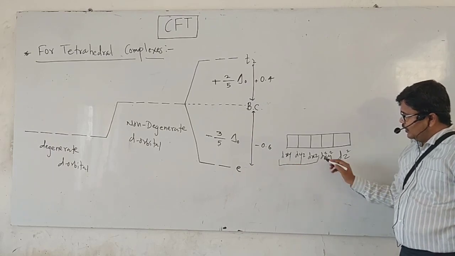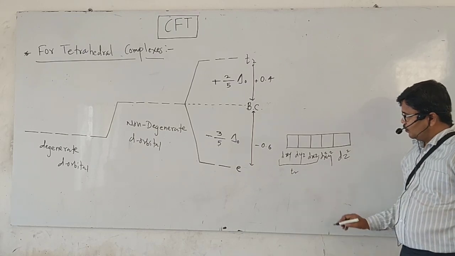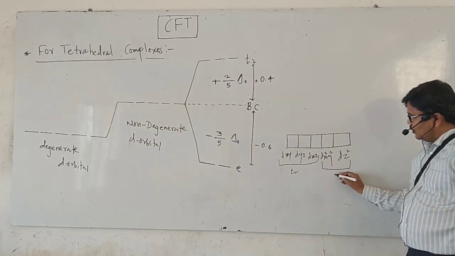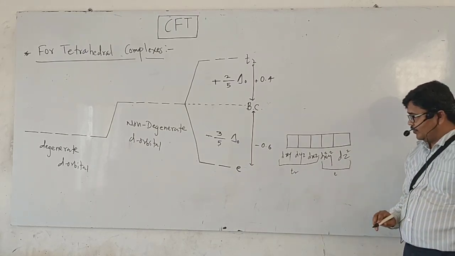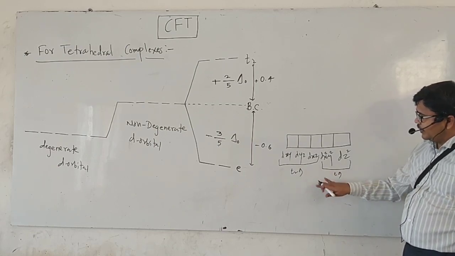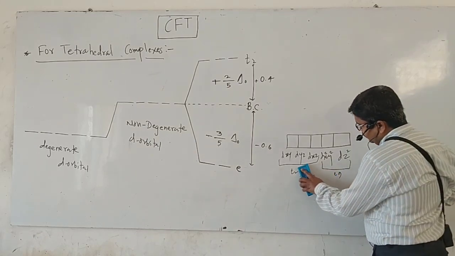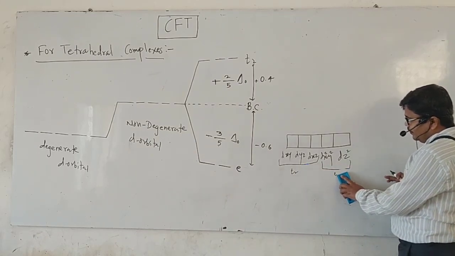The first 3 orbitals we term as T2 and the last 2 are termed as E. In case of octahedral, T2g and Eg. But while writing CFT for tetrahedral complexes, don't write g. So I will just write T2 and E.